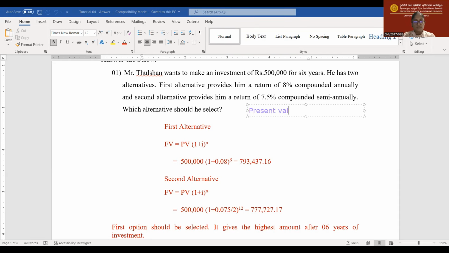In this question, first write the formula, and then following that formula, you can write down the substitutions. The present value is rupees 500,000. Then it's very easy for you to write down the answer.